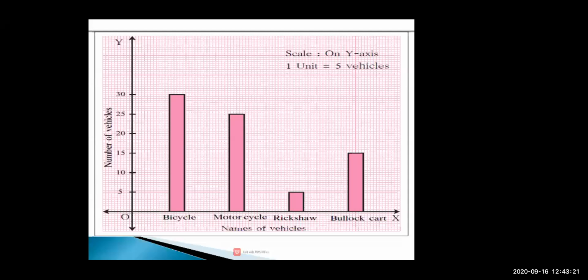So in front of bicycle, the name written, you have to draw a bar till 30. Then the second picture was motorcycle, it was 25. So till 25 you have to draw the line. The next was 5, that was auto rickshaw, then you have to draw 5. And next it was given 15, bullock cart, so you have to draw a bar of 15.